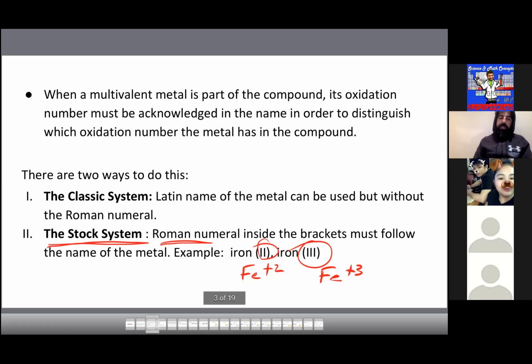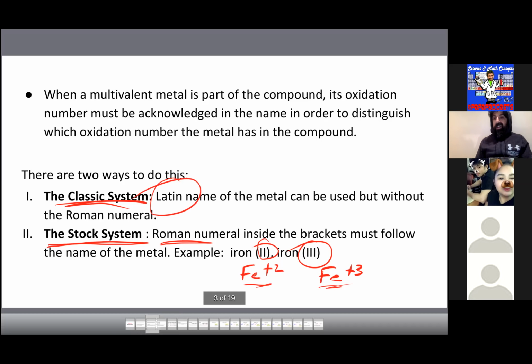The other one is the classic system. And the classic system is where we're using the Latin name, right? So if you look at some elements on the periodic table, we have something like iron here. How do we get iron from the letters Fe? Well, because scientists use the Latin name to give them their chemical symbols.